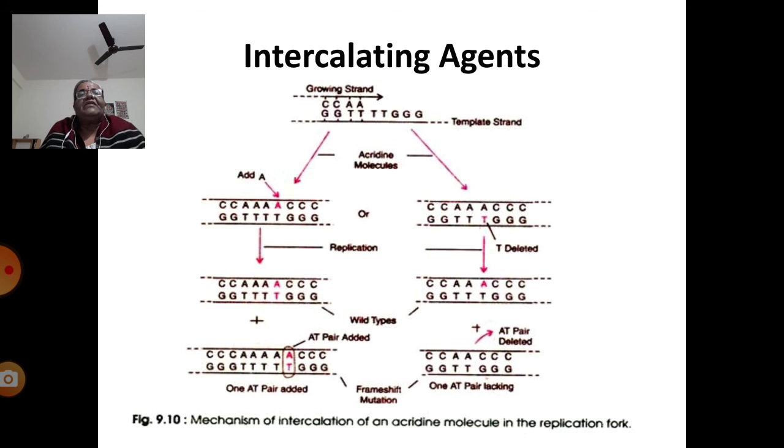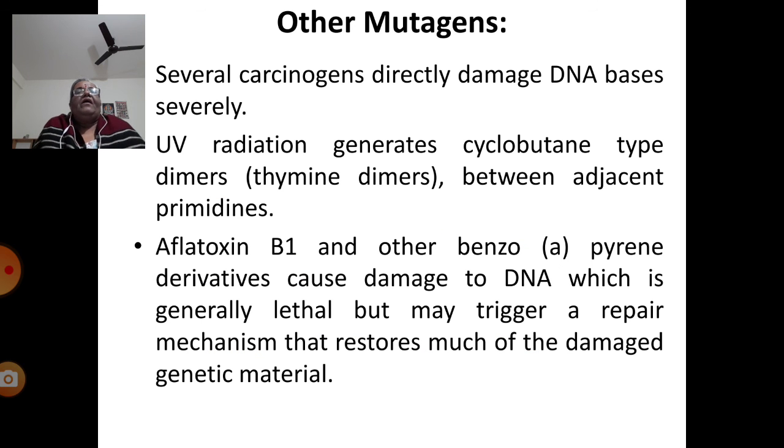So here you can see how exactly intercalating agents bring about mutation. This is a plate briefing you about the mechanism of intercalation of an acridine molecule in the replication fork. Other mutagens which directly damage DNA bases severely are UV radiations, which generate cyclobutane-type dimers, thymine dimers between adjacent pyrimidines.